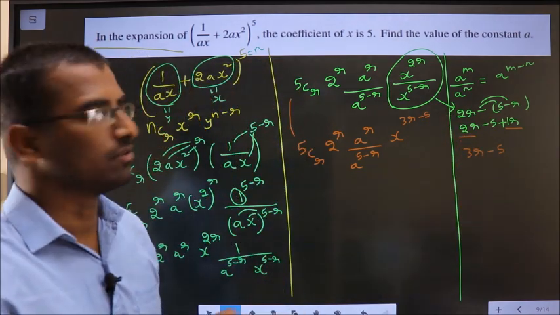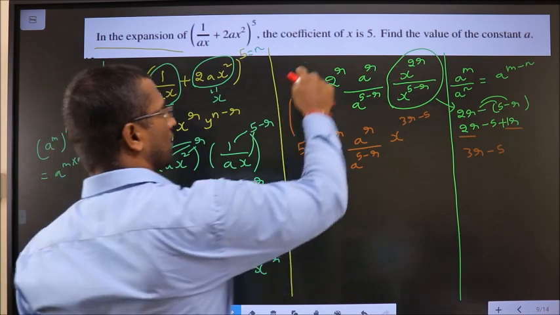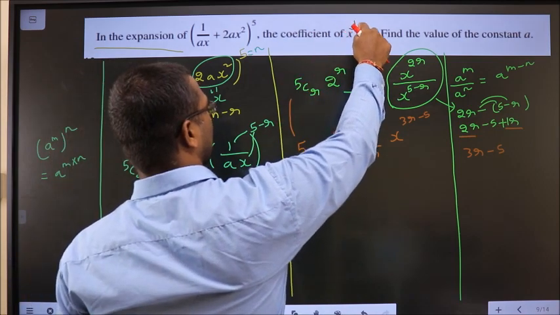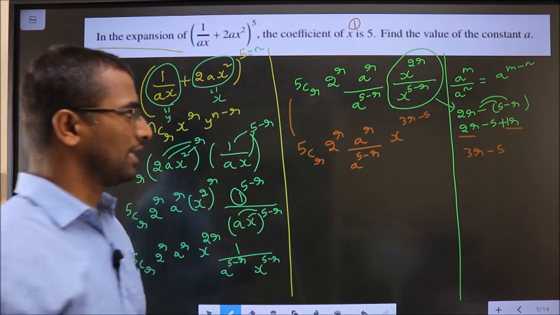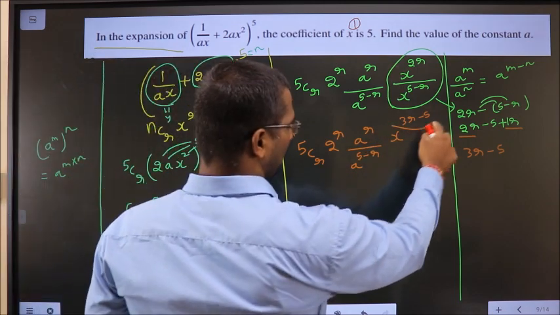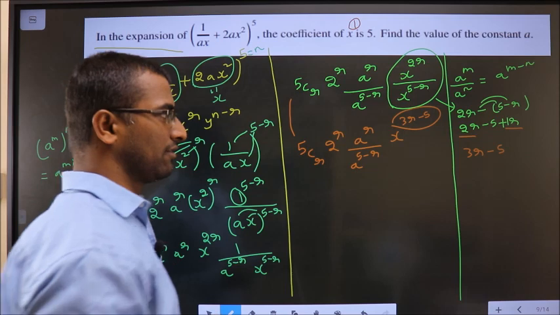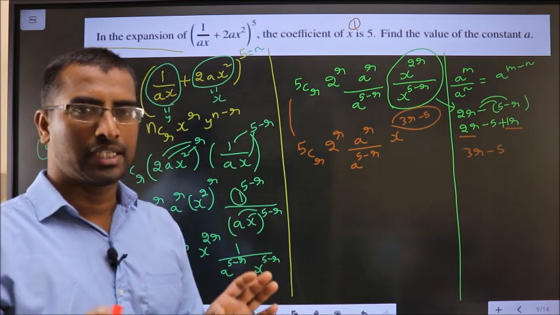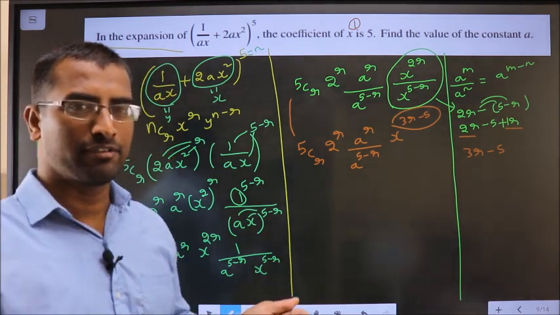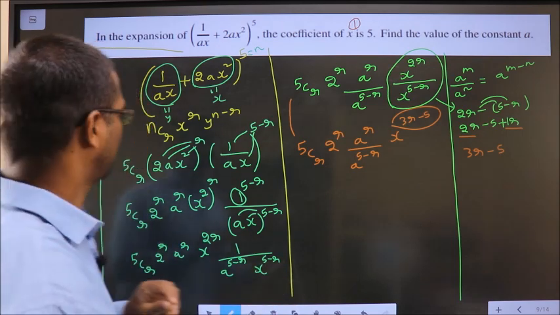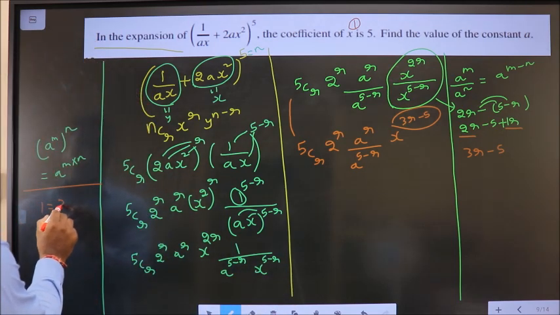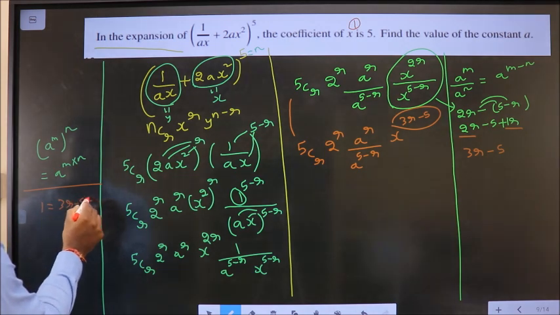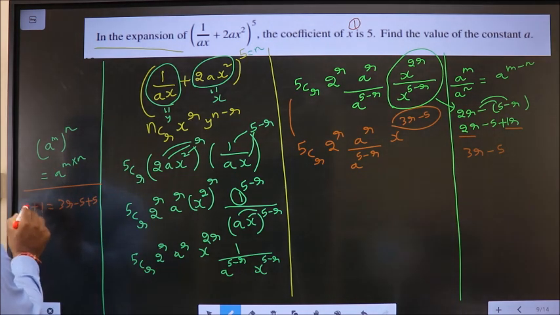Okay. Now, coefficient of x^1 means the power on x is 1, and over here the power on x is 3r minus 5. Equate both the powers, which will give you the value of r. So 1 equals 3r minus 5, add 5 on both sides.